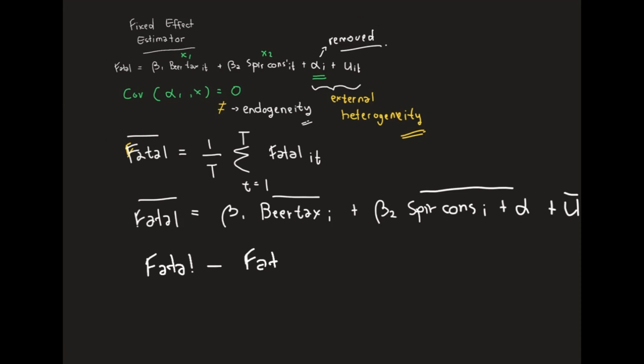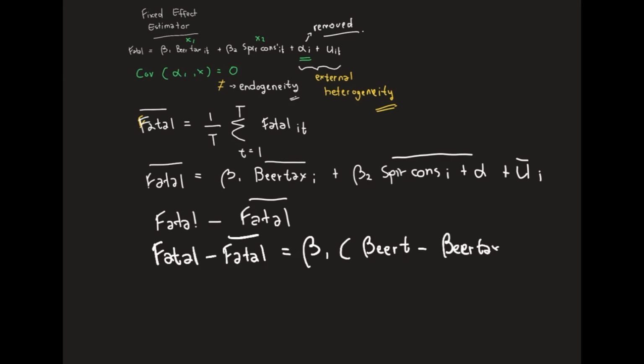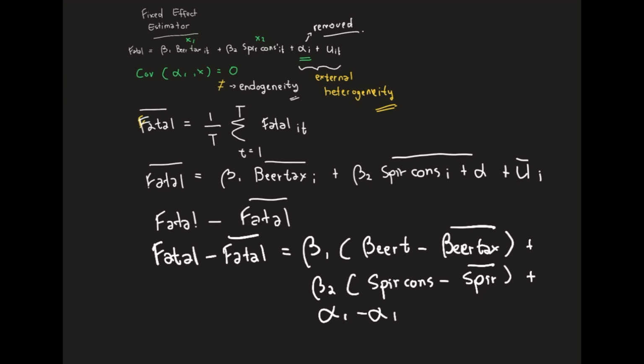So if we use it in the equation or in the model, it will be fatality minus fatality mean equals B1 the beer tax minus the mean of beer tax, plus B2 of spirits consumption minus spirits consumption mean, plus alpha i minus alpha i, plus u i minus u i mean.